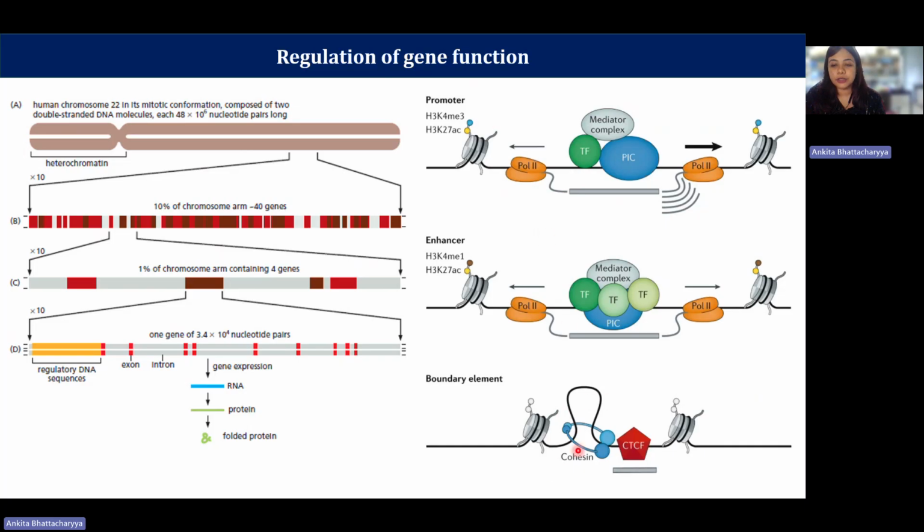Like, for example, here you can see a chromatin loop. We have discussed this extensively when we talked about Hi-C, 3C, Hi-ChIP, and all these chromatin looping and chromatin architecture associated techniques. We have discussed it towards the fag end of the course.